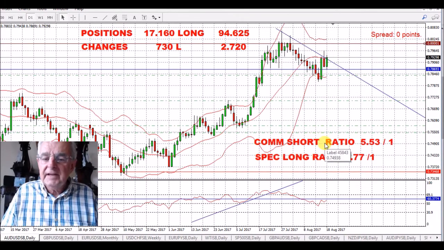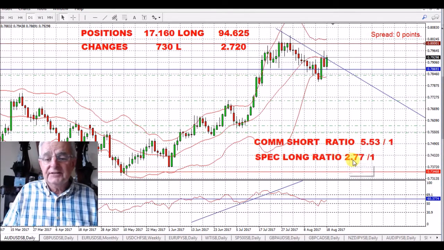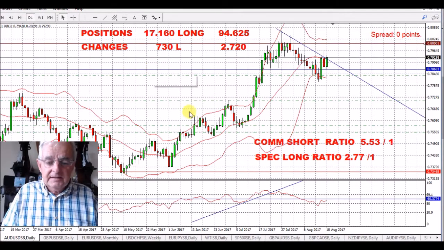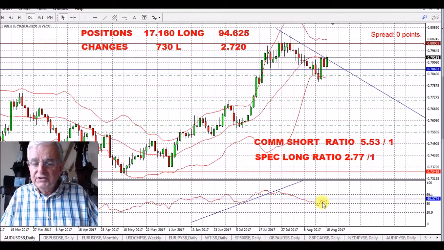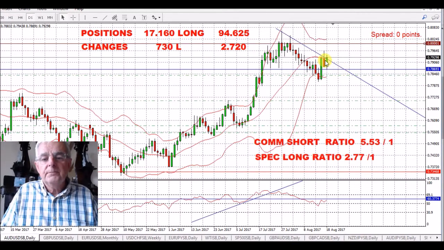The commercials have a short ratio of 5.53 to 1. Speculators are long at 2.77, and we're just above the 50 on the RSI, but below the resistance. So I think this is just going to carry on through down. We'll see where that goes anyway.